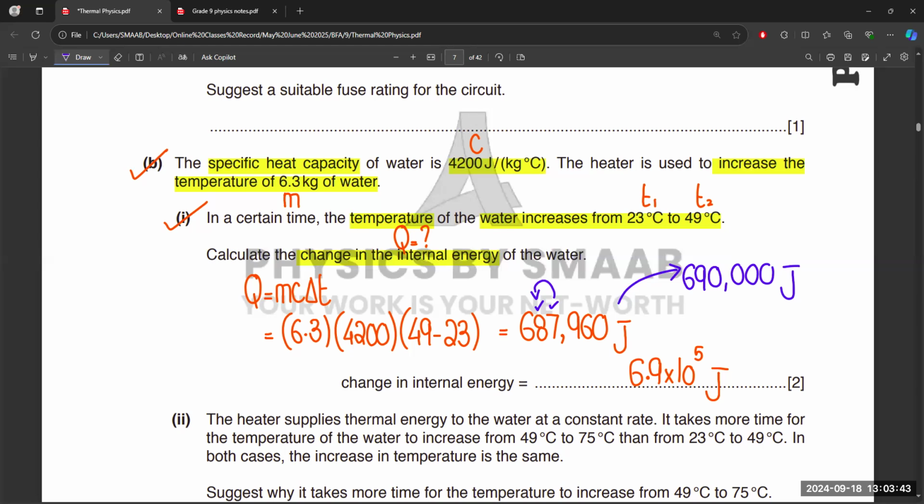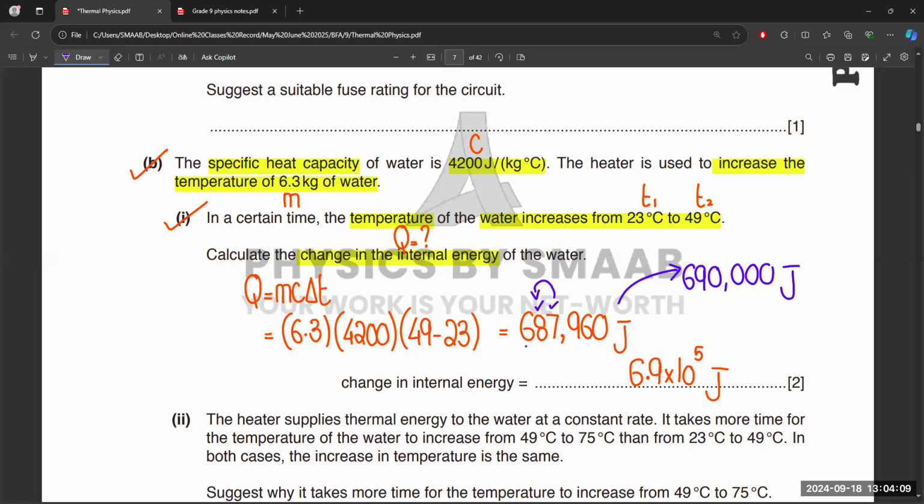So, sir, how did you get 690,000? Okay. So first of all, when you want to convert, basically it happens when you got a very lengthy answer. It is not in 100, it is not in 1000. So it is greater than it. So what we need to do, we just try to round off the values.